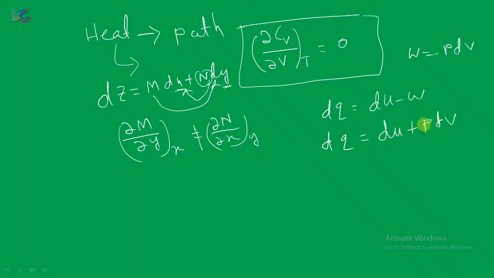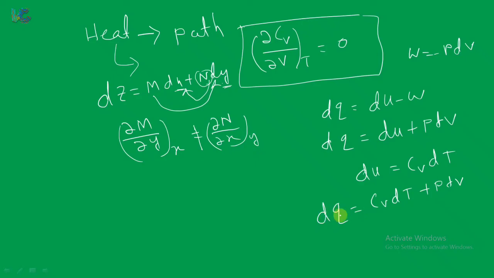Now for ideal gas, du is equal to cvdt. This you can write for only ideal gas. So now you put here dq is equal to cv into dt plus p into dv for ideal gas.